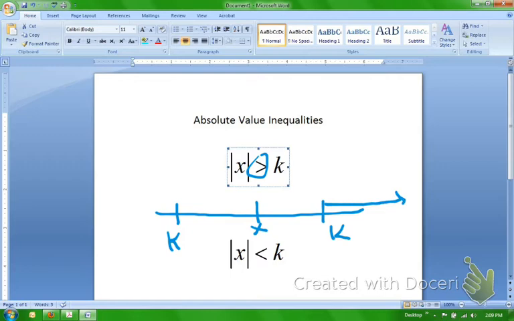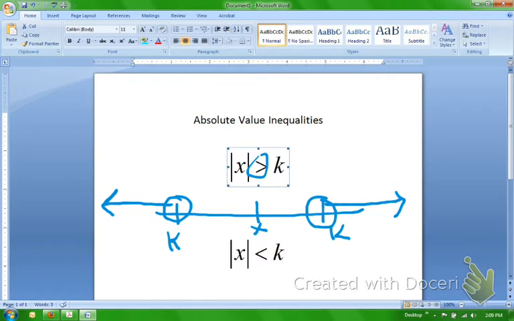So it can be any point going that direction. But remember, we said it could go in a positive direction or a negative direction, so it could also be any distance this way. Since we have an absolute value that's greater than, without the equal to bar, this k point is not included, and your graph would look something like that.